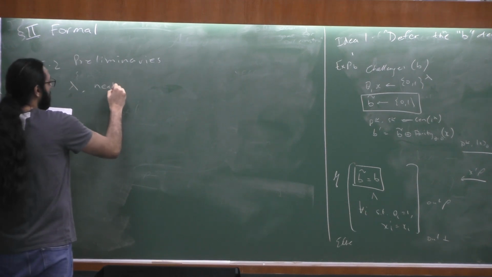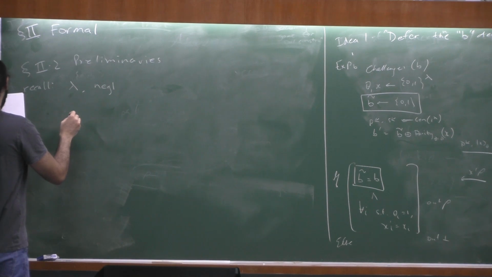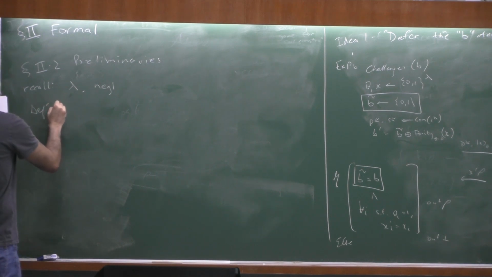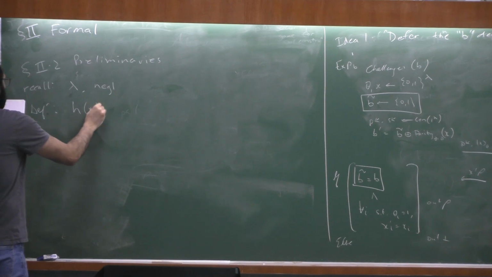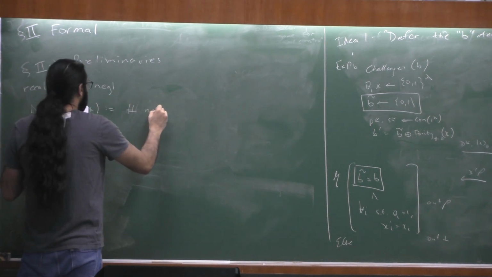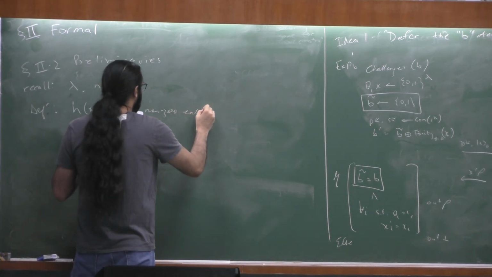Negligible we already defined last time, right? Anything strictly less than 1 over poly. Then we're going to use the following definition. We'll use h of x to mean the number of non-zero entries in the string.